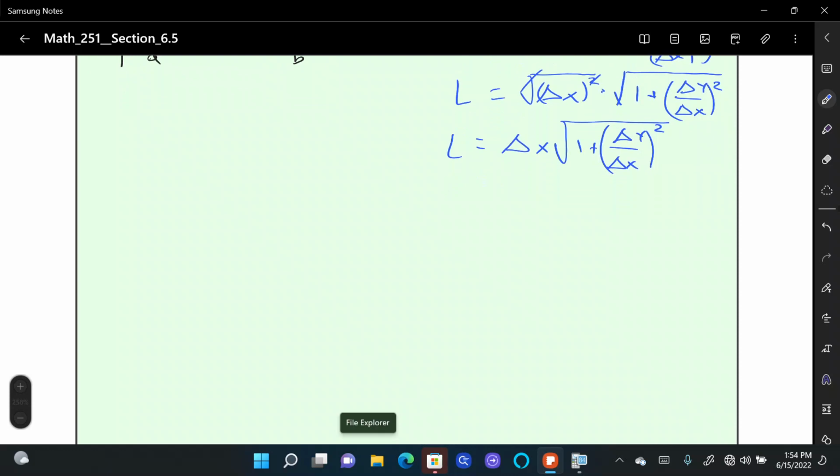What we're going to do here is find the length of infinitely many of those. So I'm going to add, with k equals 1 to n.